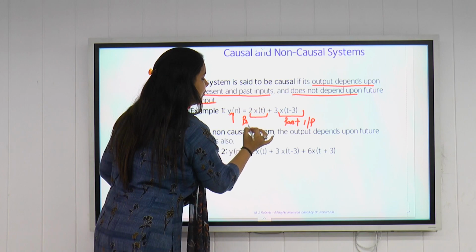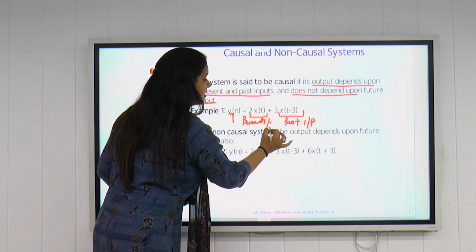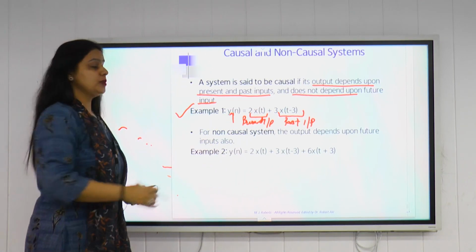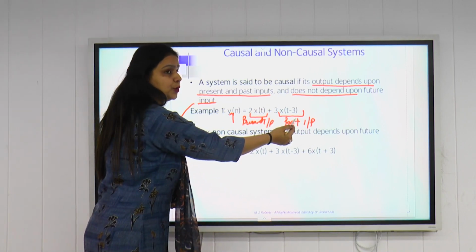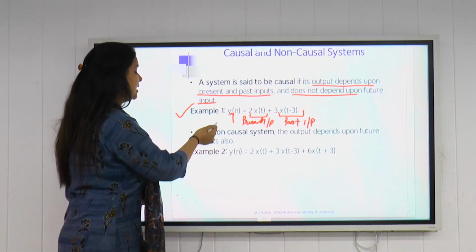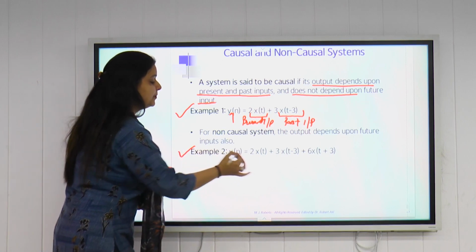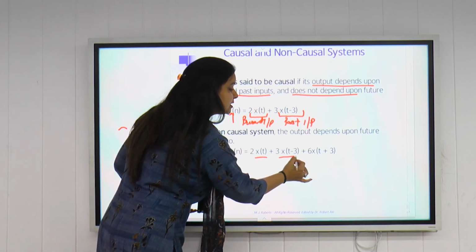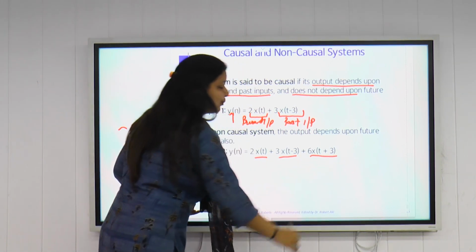In such cases, the output depends upon the present and past input, but not on the future. But in example number 2, I can see present input, past input as well as future input.